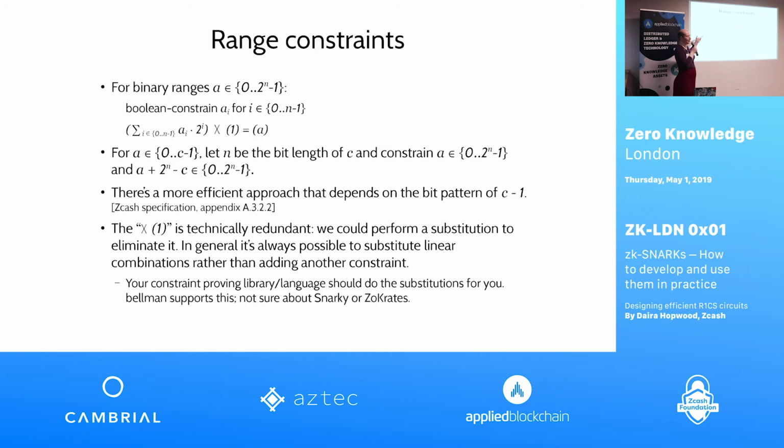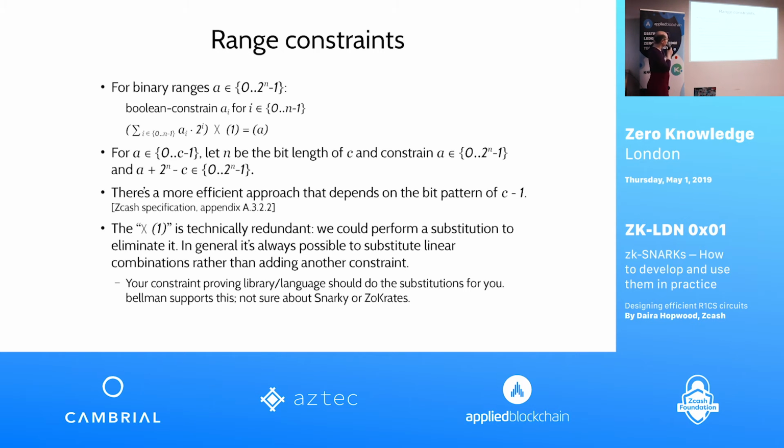If you don't prevent overflow, then an attacker could choose the inputs and outputs so that they appear to balance, but actually one of them is, say, close to the prime of the field that you're using. So range constraints are important because if you can prove that an integer is in range, you can then use it in arithmetic just as an integer rather than as a field element.